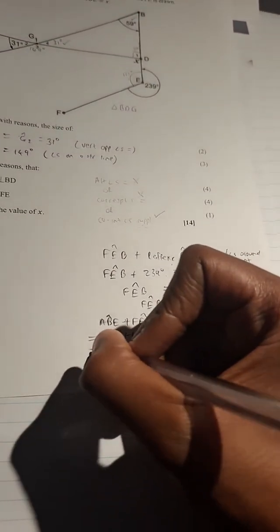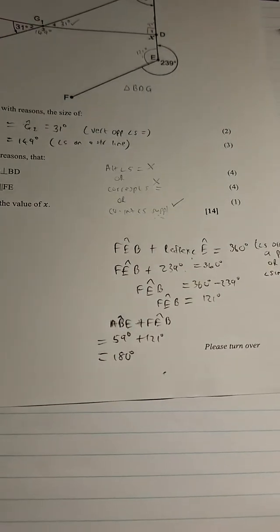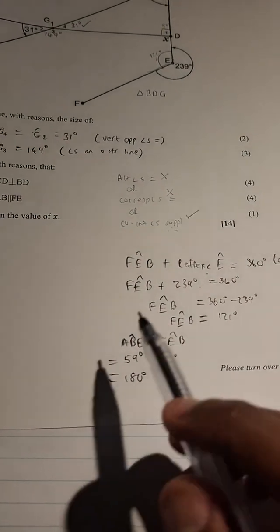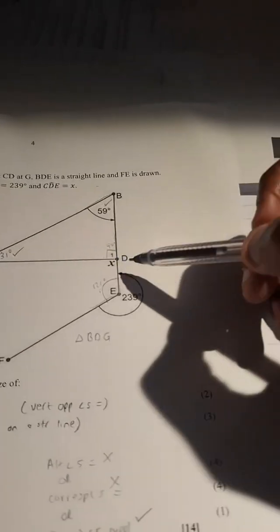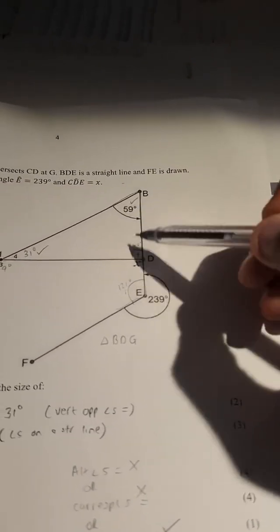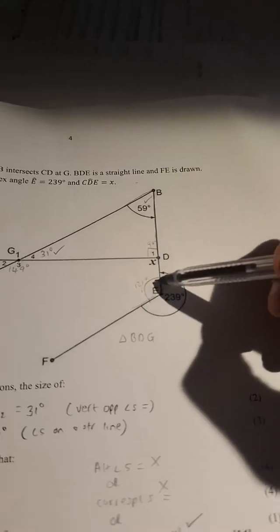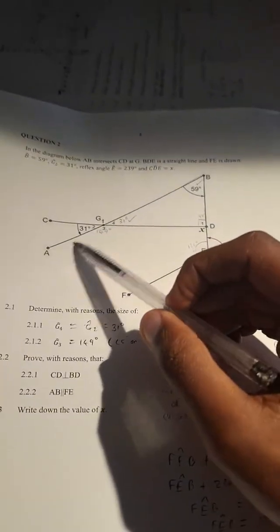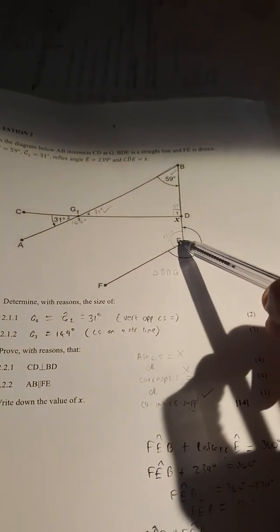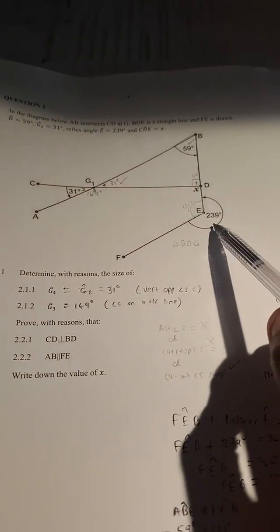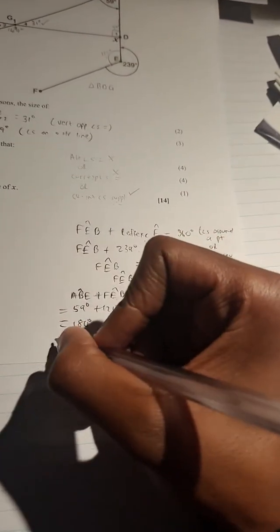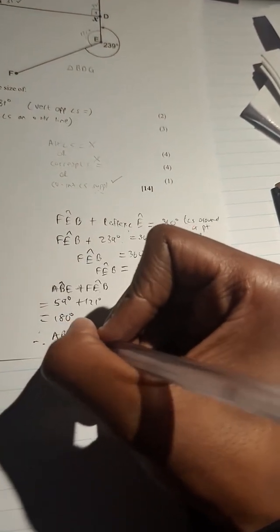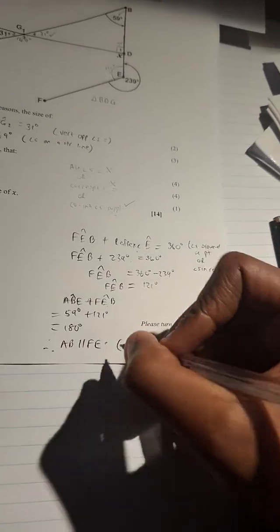What do I get here? 180. These two angles are co-interior angles. The addition of both of these angles gives me 180. So what can I conclude about these two lines, AB and FE? I can therefore conclude that AB is parallel to FE. What's the reason?